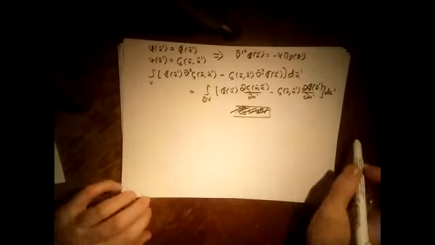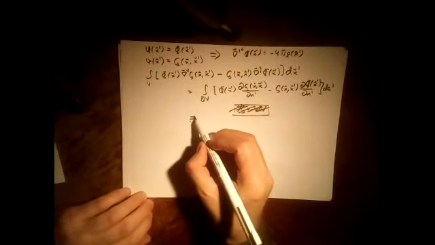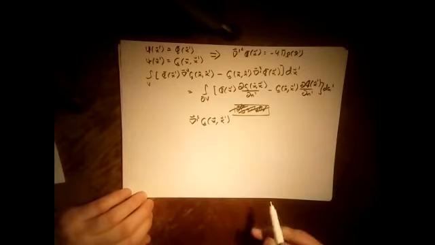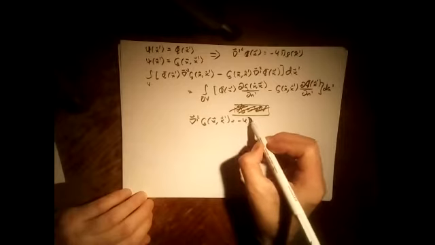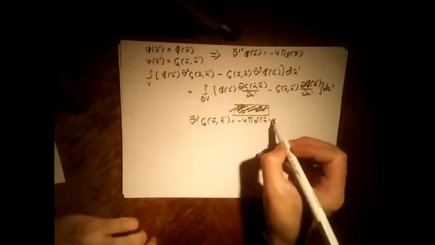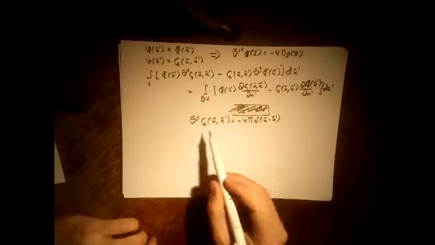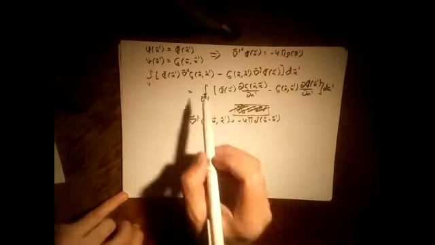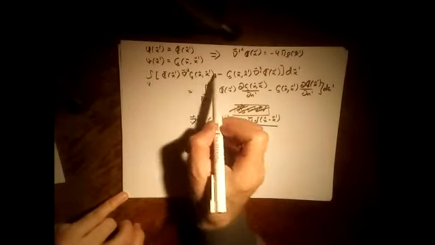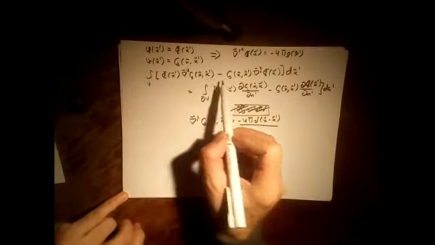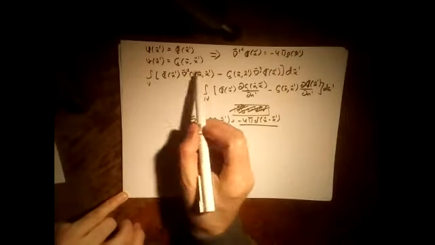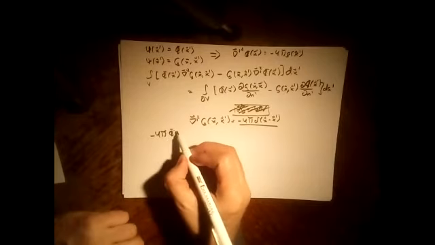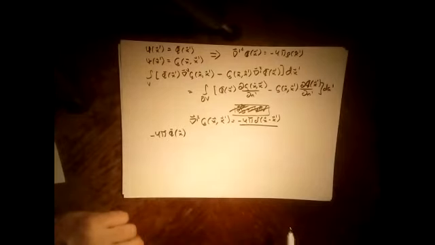Sorry, it doesn't fit here either. So gradient squared G of x, x prime, and that's a prime variable. It doesn't have to be, but that's how we want to use it right now. So that's another identity, and we're going to substitute all this in here. First of all, a delta function would go in place of this, and if I integrate phi of x prime against the delta function, what I get is minus 4 pi phi of x.